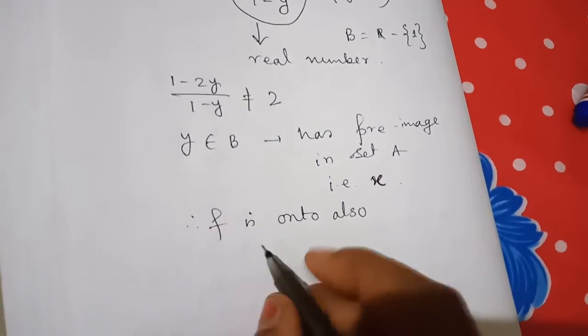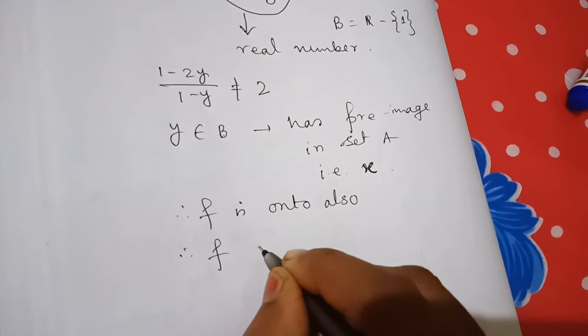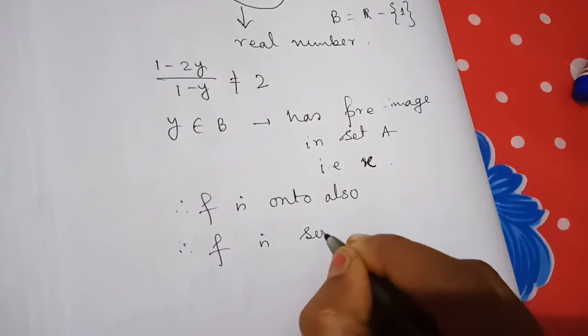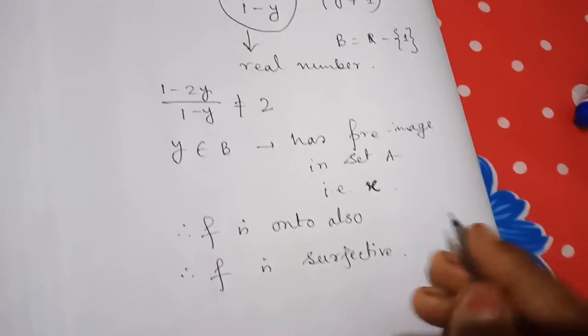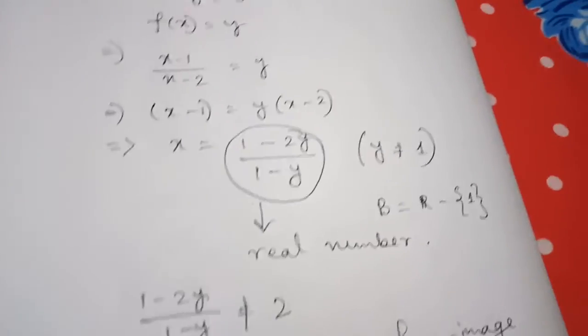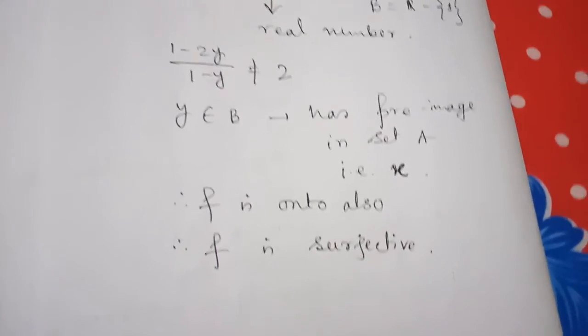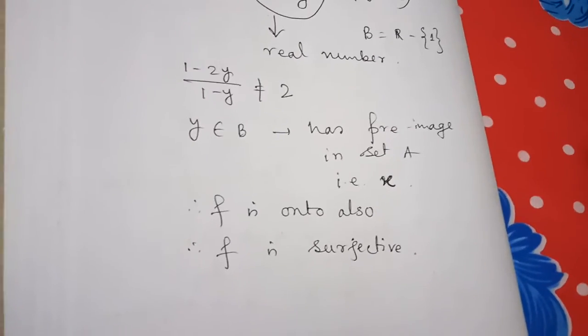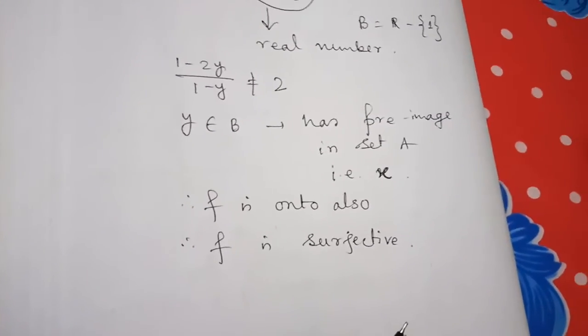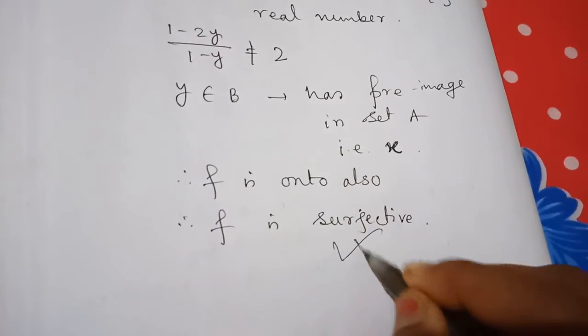As f is 1-1 and onto, therefore f is bijective. Okay, this is the way you have to do the whole question. First you have to verify the 1-1 part, then the onto part, and then you can write down whether it is bijective or not.